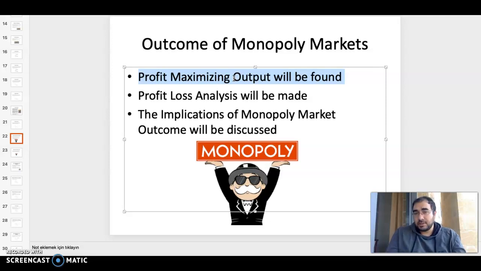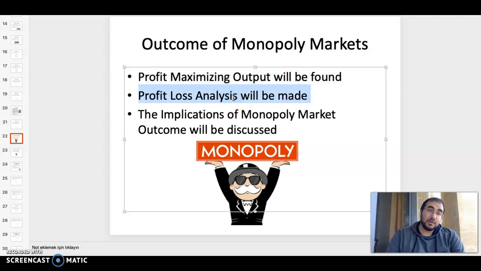As we have already seen, the companies in a neoclassically defined economic system are just caring for the profits, so they will find the profit maximizing output and produce at that output level. Then we will make a profit and loss analysis.